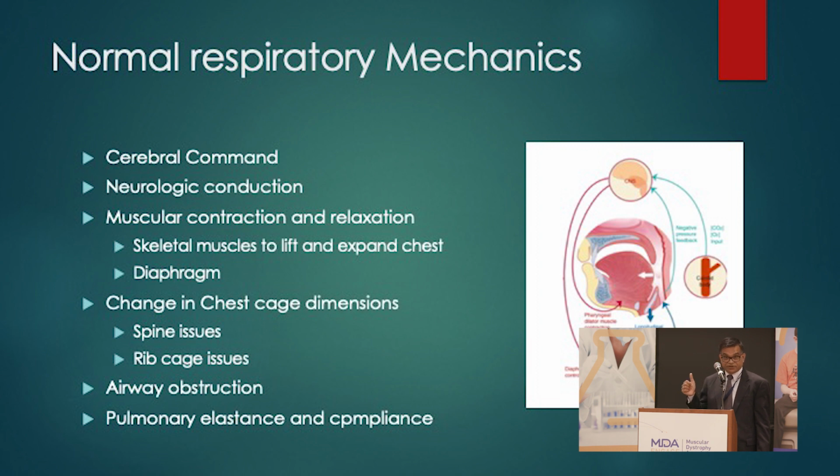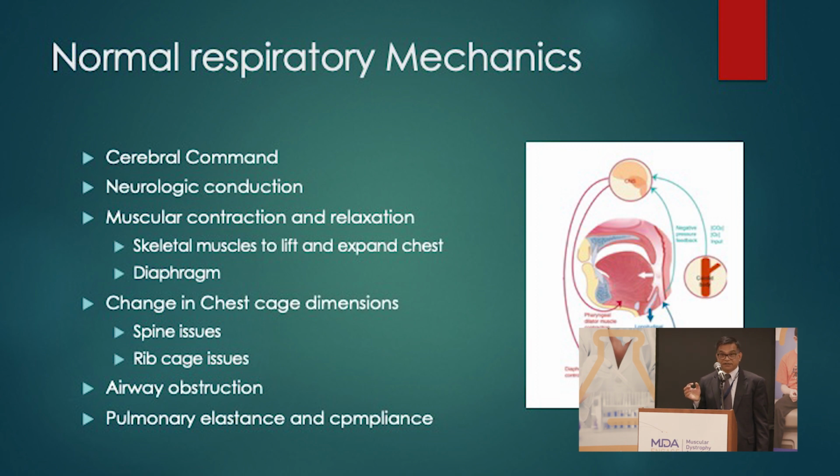So that is the first component. The second component is this command coming from the top is for the muscles to act to lift the chest, expand the chest, and push the diaphragm down. And these 3 things are going to generate that negative pressure which is required for sucking the breath in.